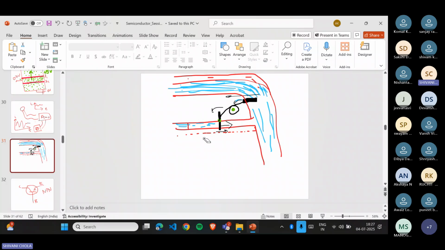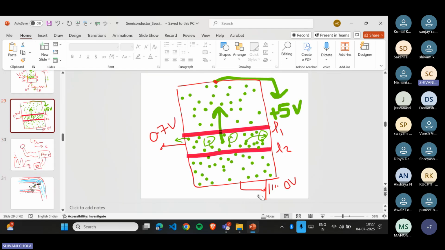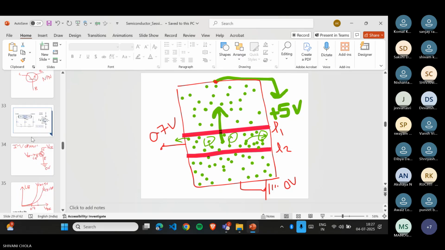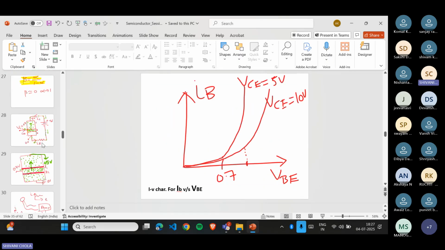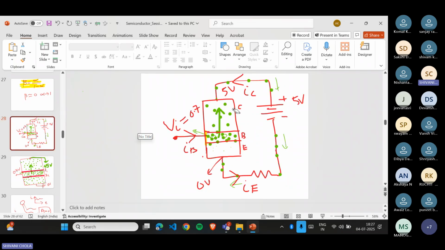Even if you keep adding extra pipe length over here, the more water current will flow through the base part, which is nothing but the current through the emitter side. But in practice, we connect our resistor at this point.